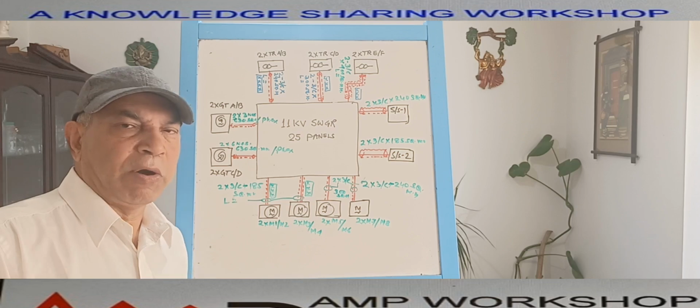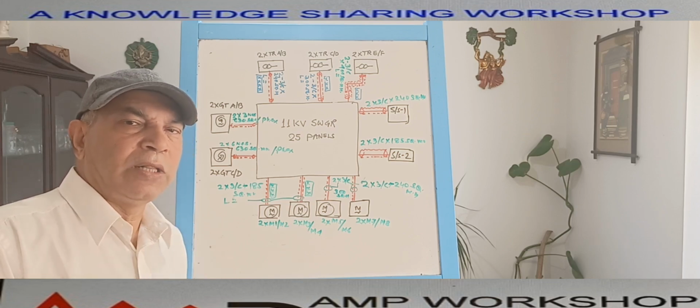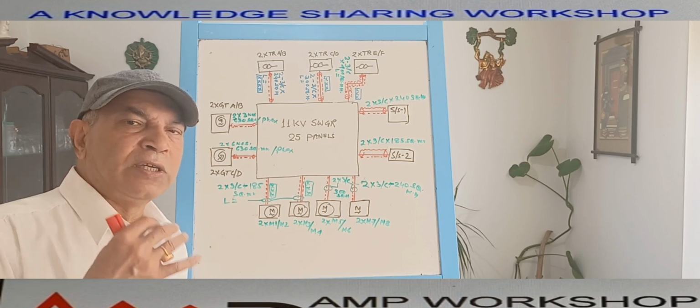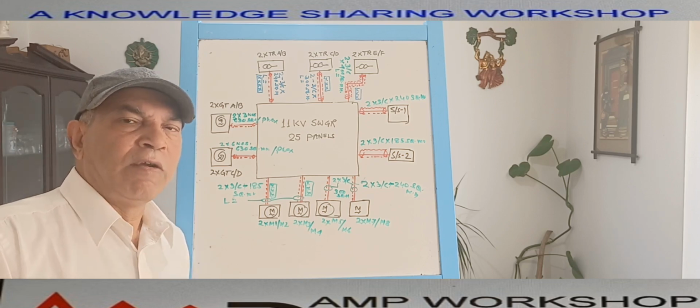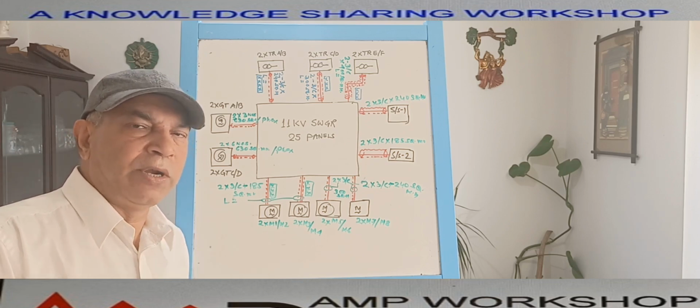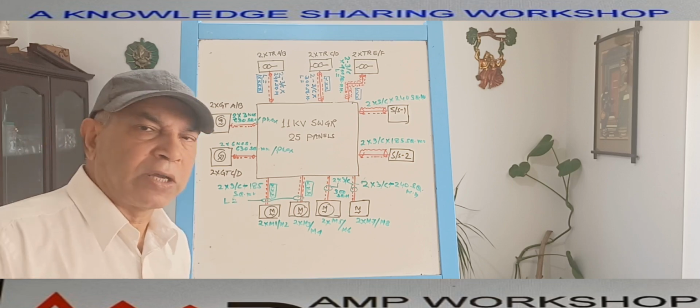And the third is a low voltage cable carrying the various AC signals, like the CT signal and PT signal, from the field equipment to the switchgear. So these are the three different categories of power cables.